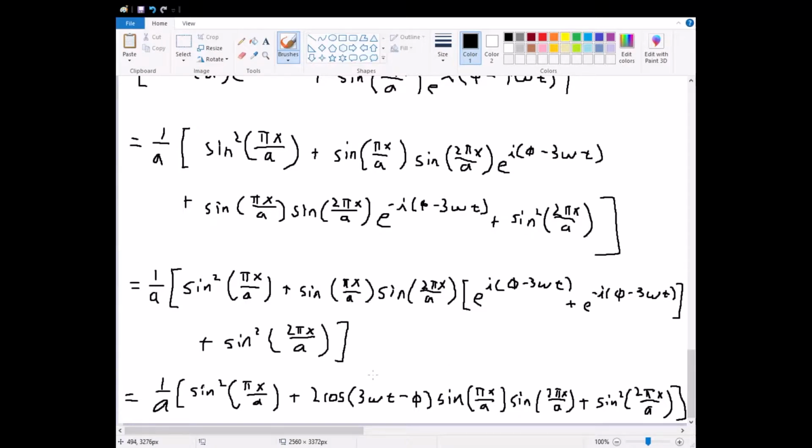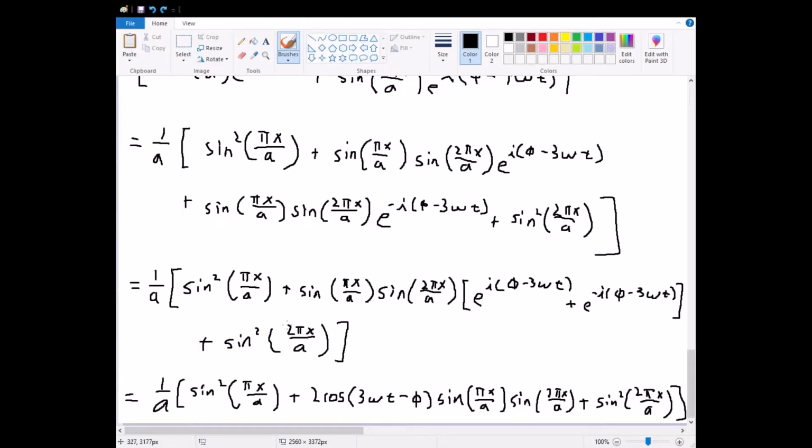Okay, and if you compare this with our magnitude squared of psi of x comma t that we got in problem 2.5, what you'll find is that the only thing that's different is this cosine term. Back there in 2.5, we had 2 cosine of 3 omega t. Here we have 2 cosine of 3 omega t minus phi.